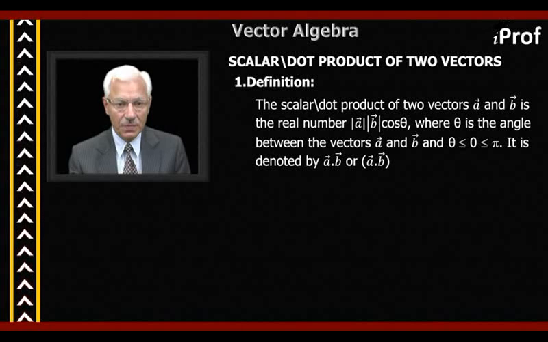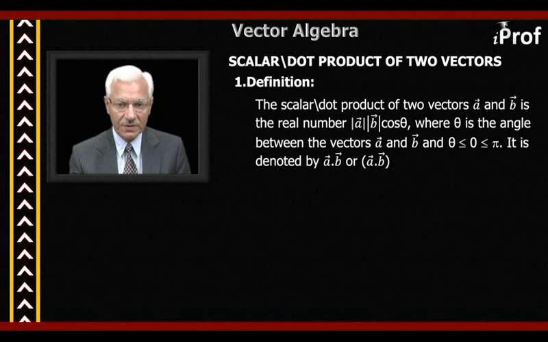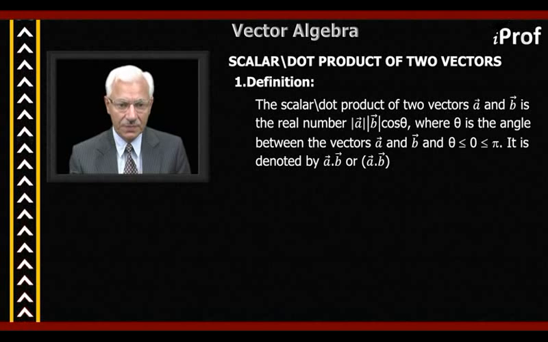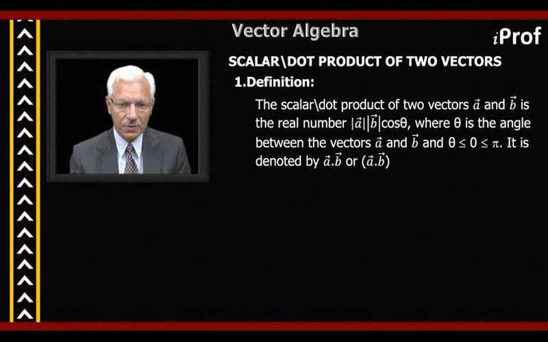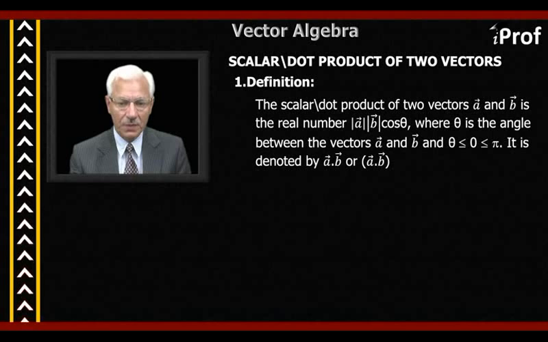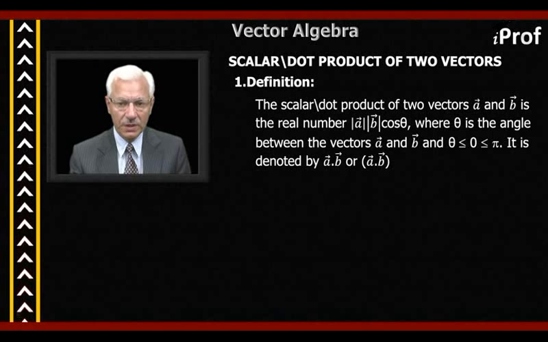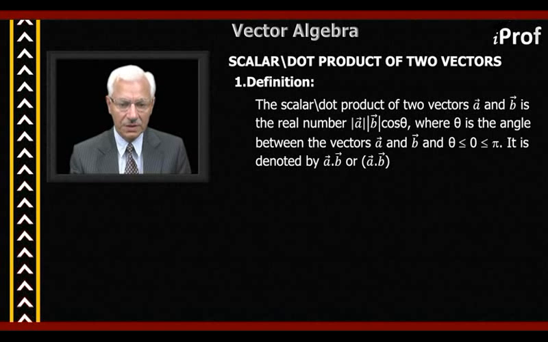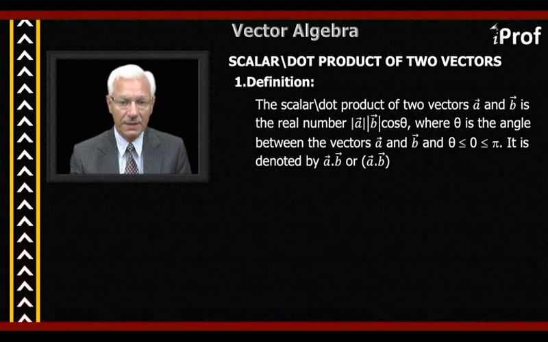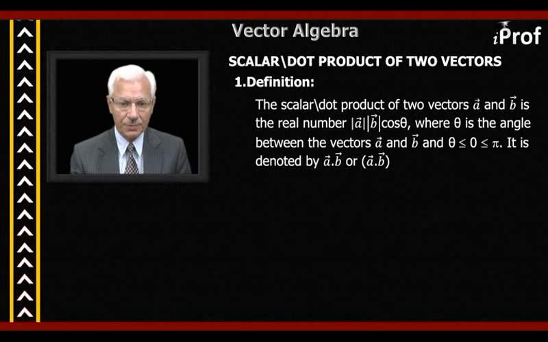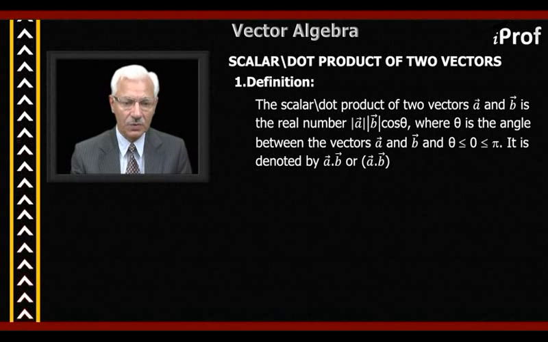Definition: the scalar or dot product of two vectors, vector A and vector B, is the real number modulus of A into modulus of B into cos theta, where theta is the angle between the vectors A and B, and theta lies between 0 and pi. It is denoted by A dot B or (A, B) within brackets.